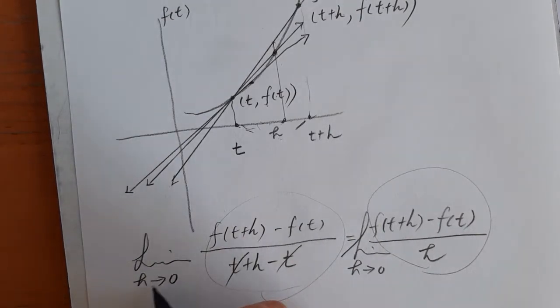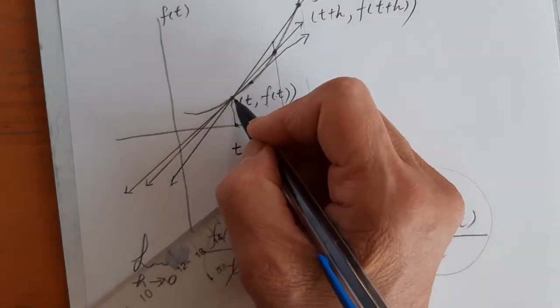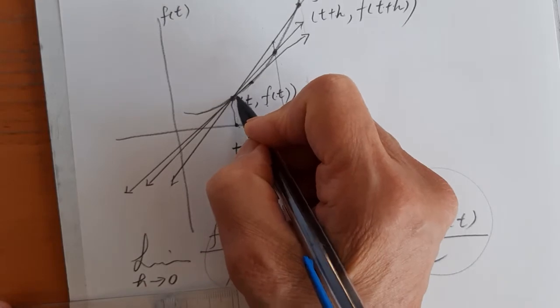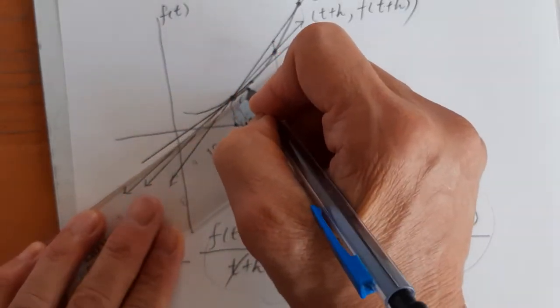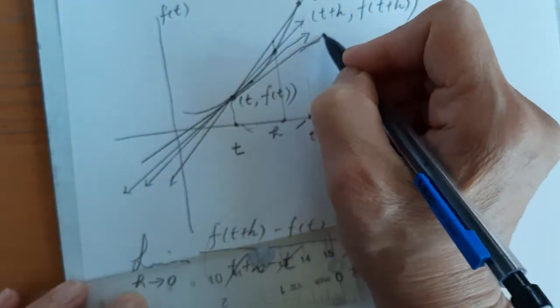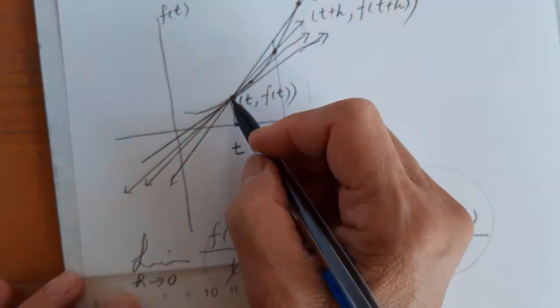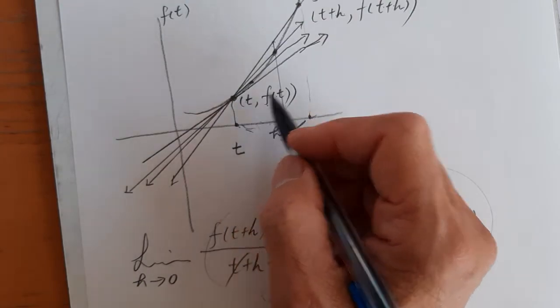When h finally approaches 0, this point touches and intersects the curve at just 1 point, and that becomes the tangent line slope.